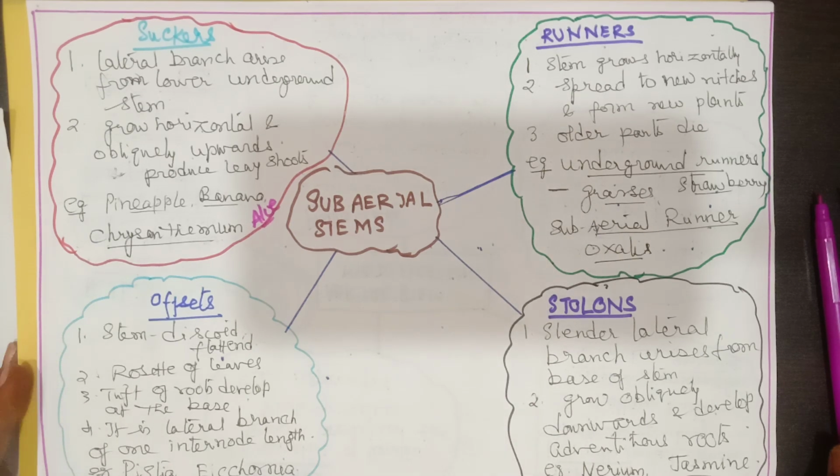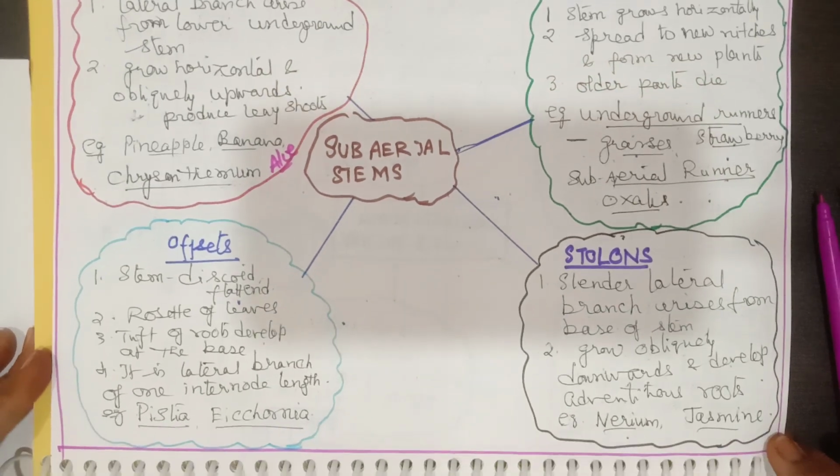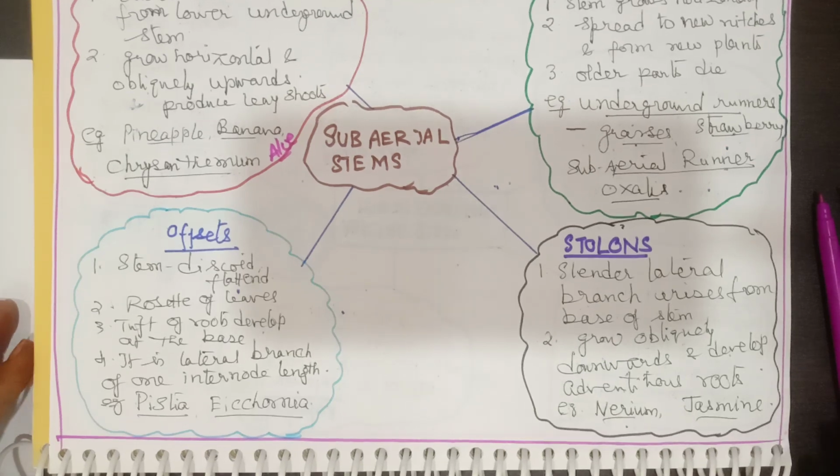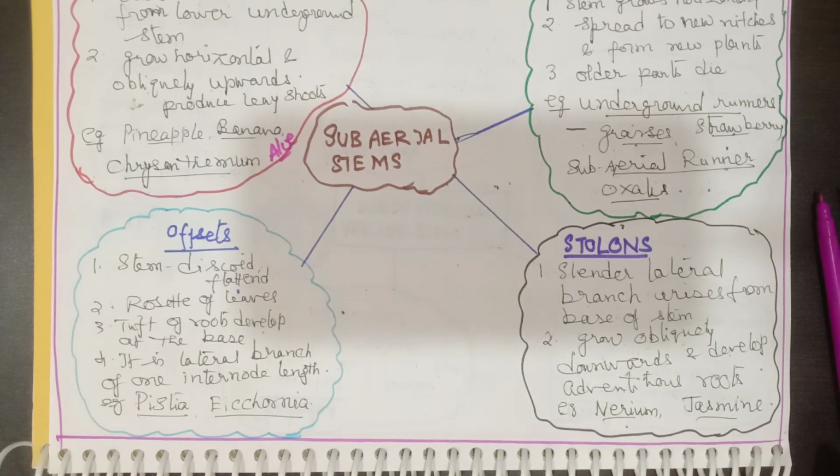Okay, now the last subaerial stem modification, that is offsets. Offsets are mainly found in aquatic plants, hydrophytes, like for example in Pistia and Eichhornia. So what is an offset and how does it grow?